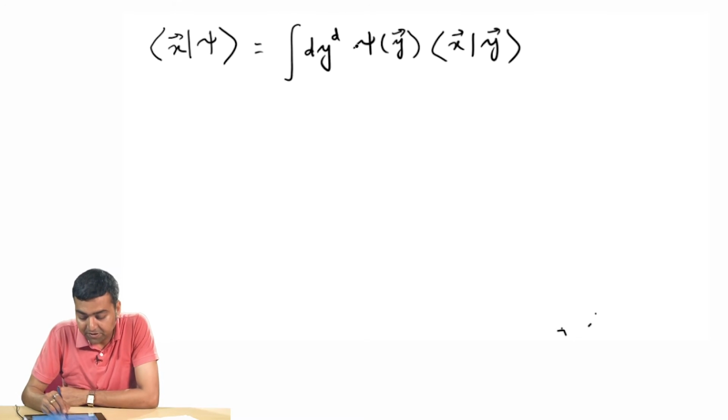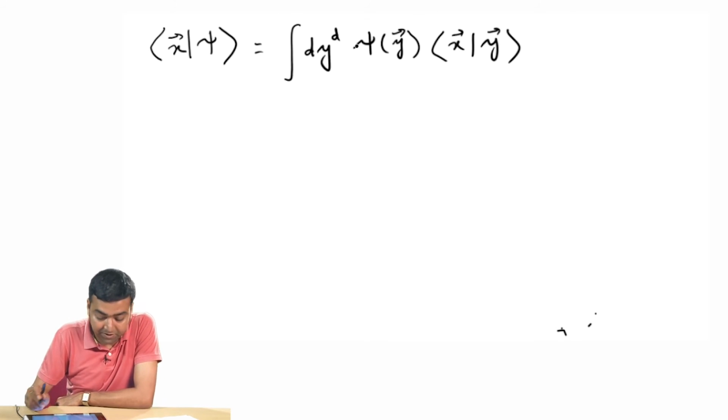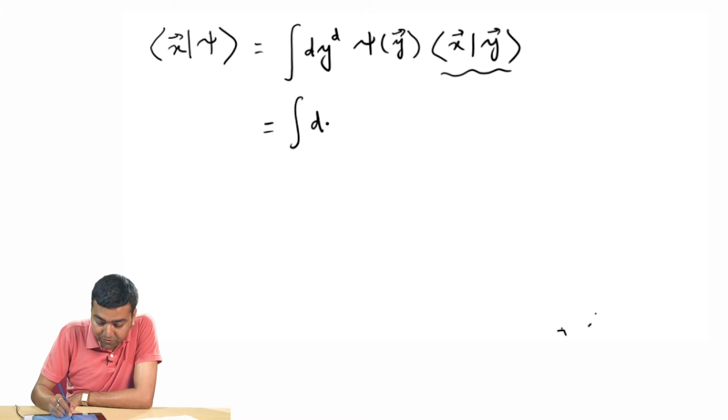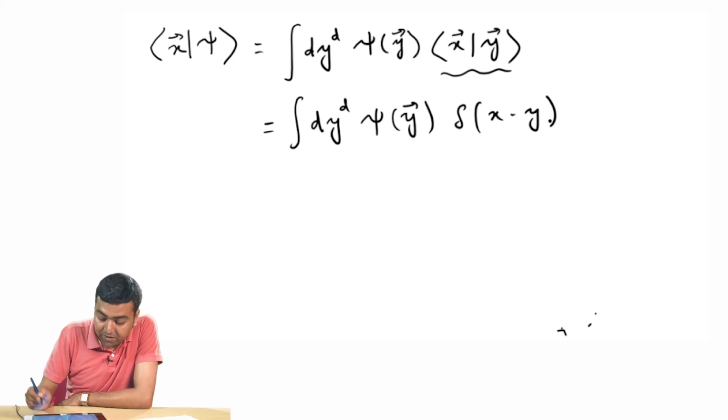Again, these represent d-dimensional functions. If I do this integral, I know this will give me a delta function, so I can write this as psi of y times delta of x minus y. Now, if I complete this integral, this is nothing but my psi of x.